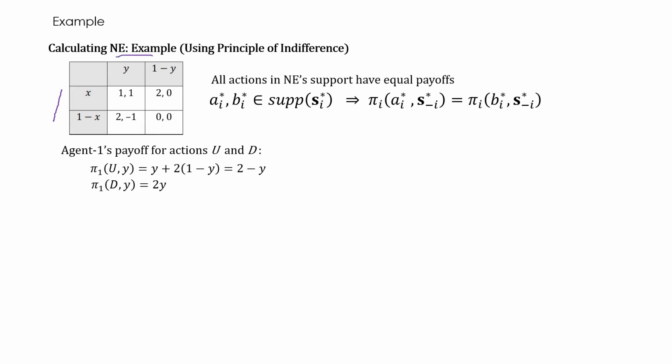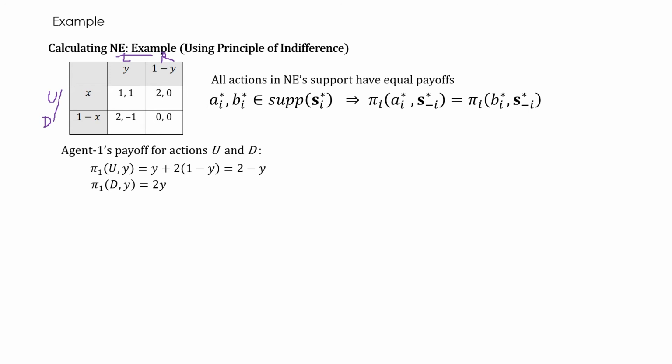And the actions of agent 1 are up and down, and those of agent 2, the column agent, are left and right. So the probabilities of picking up and down are x and 1 minus x by agent 1, and for picking left and right by agent 2 are y and 1 minus y.